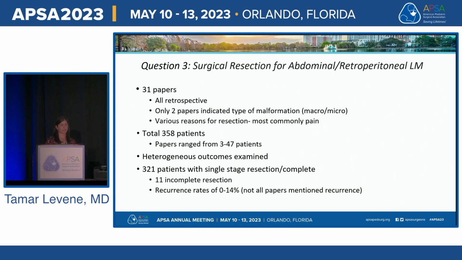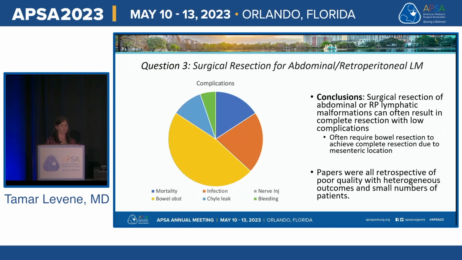The outcomes that were examined were heterogeneous, thereby also making comparisons somewhat challenging. The majority of these patients did undergo a single-stage resection or complete resection with very low recurrence rate when this was successful, anywhere from 0 to 14%, but again, it was not a uniform outcome that was reported in all of the papers that we looked at.